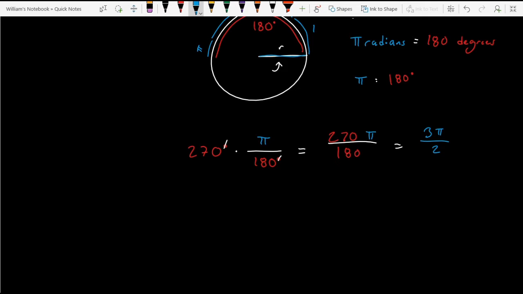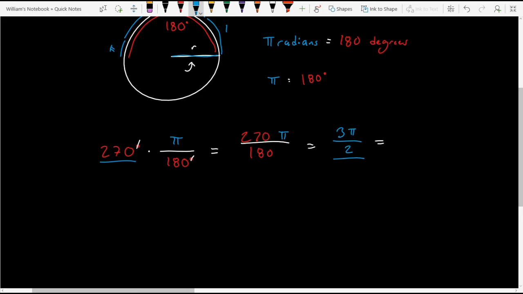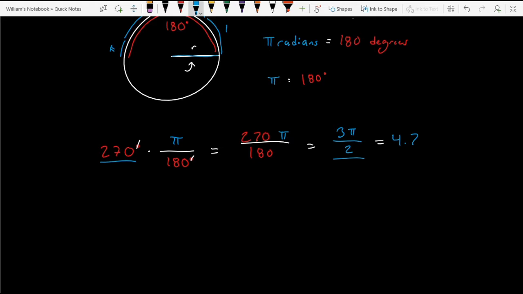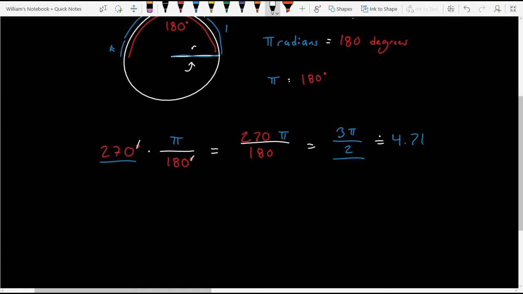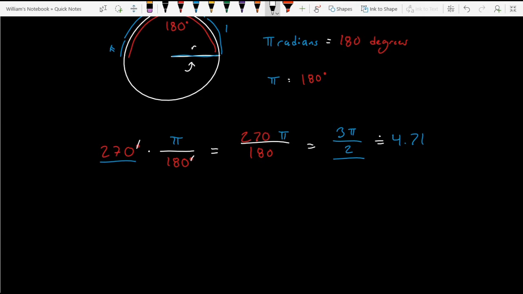So 270 degrees is equal to 3 pi over 2 radians exactly. And if we turn this into a decimal, we know that this is about 4.71. So this is approximately 4.71 radians.